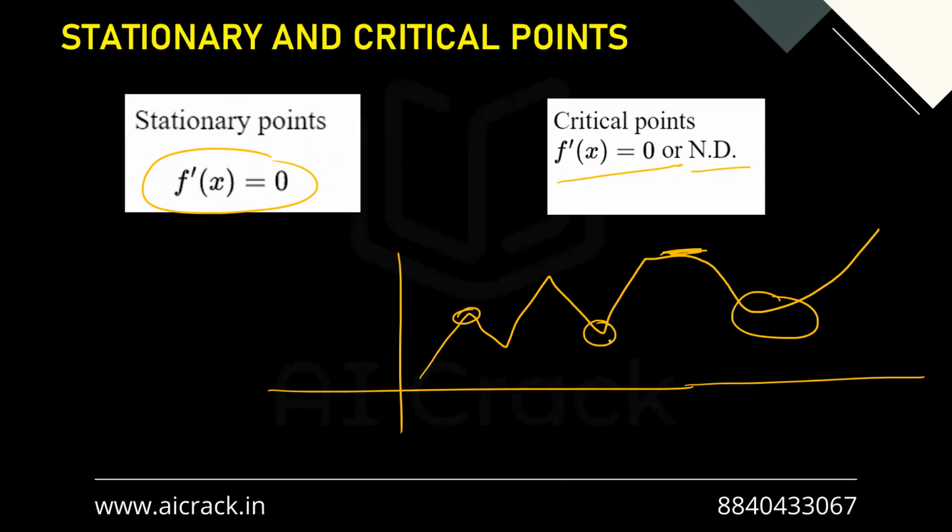So at this particular point, it's non-differentiable, while over here, it's differentiable. So with the help of critical points, we can find out the points where the function is turning. We can identify the points where there can be a probable local minima or local maxima, right? So that's why we have to calculate the critical points.